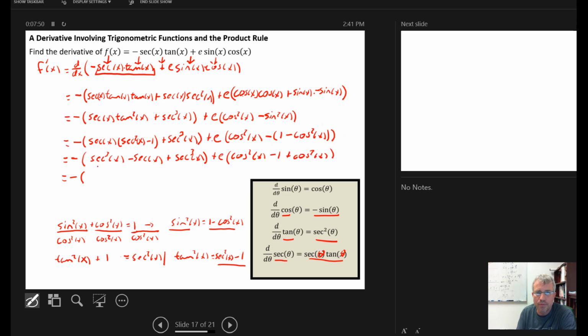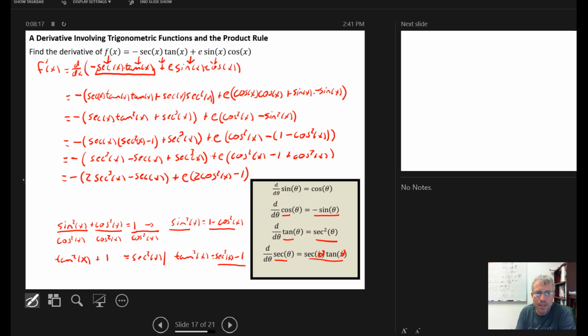The opposite of secant cubed plus secant cubed is 2 secant cubes of x minus a secant of x, close parentheses so that the minus distributes in, plus Euler's number times cosine squared of x plus cosine squared of x is 2 cosine squareds of x minus the 1, close the parentheses.